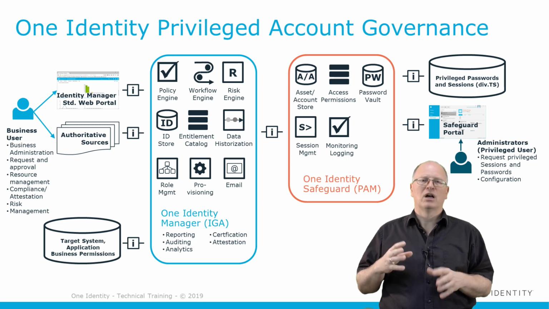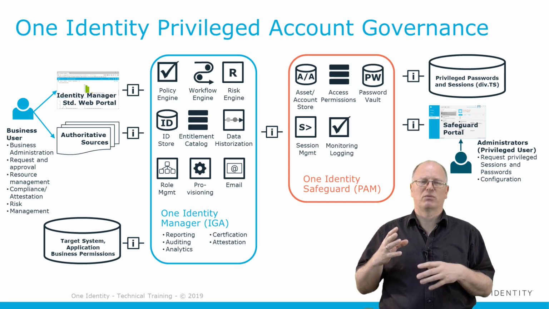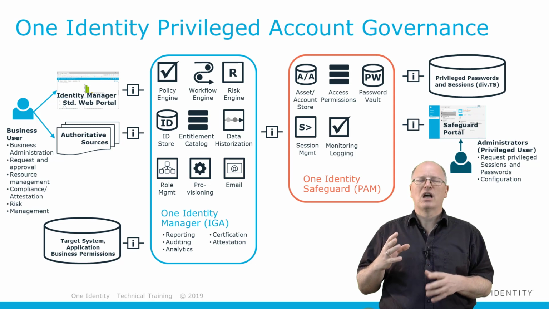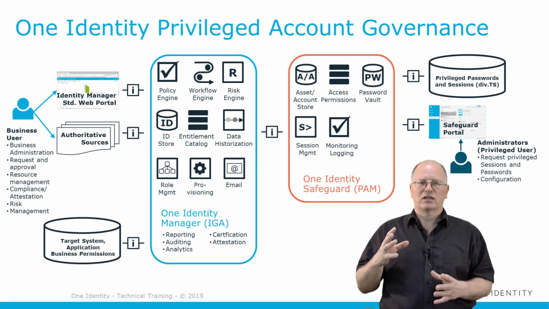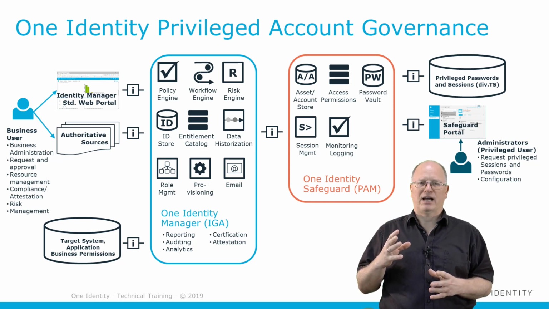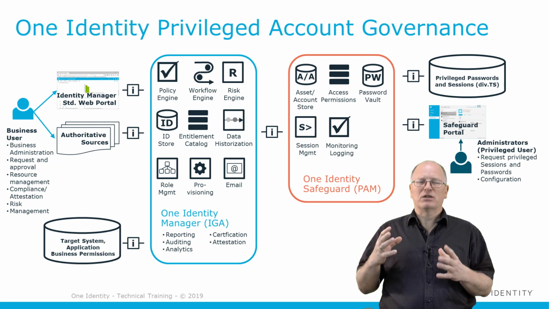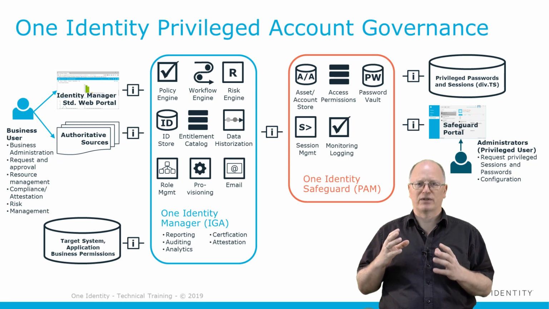For example, on the one hand, you can create Safeguard users. These are accounts in Safeguard, and you can run a complete request and approval process or something else with these users, which is not possible out of the box in Safeguard. On the other hand, you can take the data from Safeguard and run attestations or use compliance policies with Safeguard data. With that, the connection between both tools is a cool joint venture, and this is at the end the idea behind this Privileged Account Governance module.